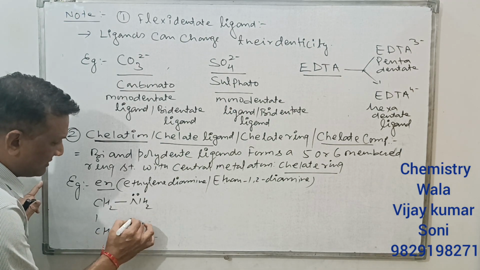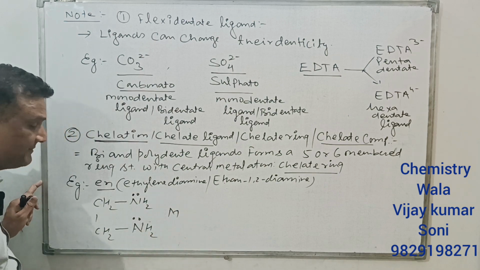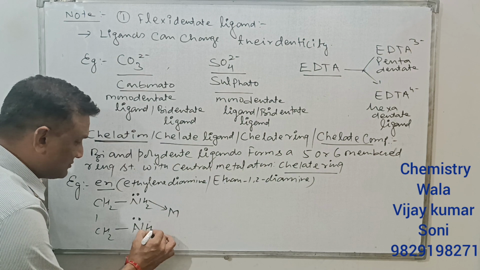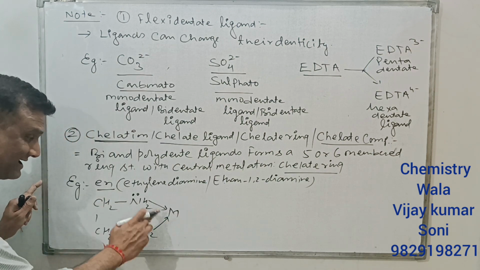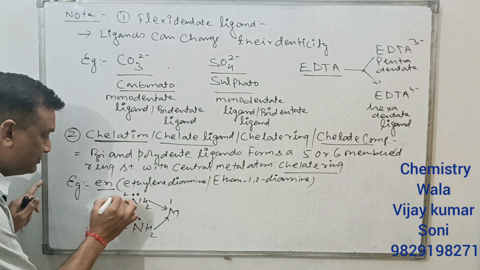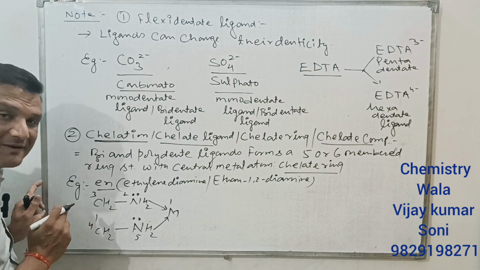If we go with the donor atom, the nitrogen, this is the metal atom, any metal atom. This nitrogen donates an electron pair, and this one also donates. So if you go with the ring, then this is a closed ring. Here is the 5 member: 1, 2, 3, 4, 5. So it's a 5-member ring structure.